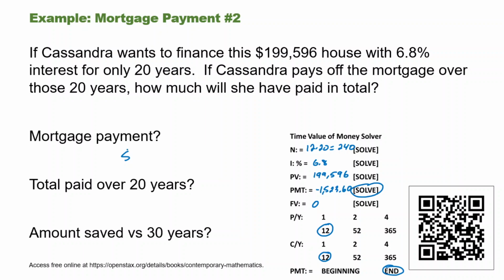So the new mortgage payment is $1,523.60. Total paid over 20 years will be $1,523.60 times 12 times 20. I'm just calculating that very quickly. So the total paid over 20 years when we multiply those is $365,664.